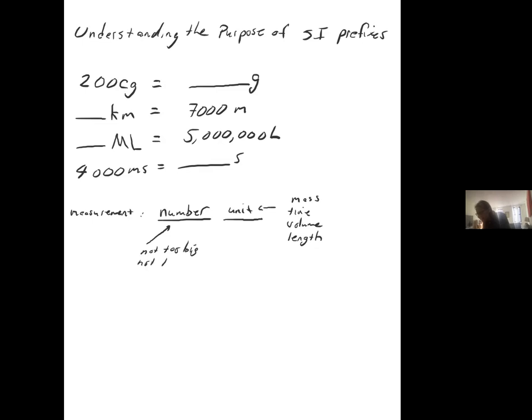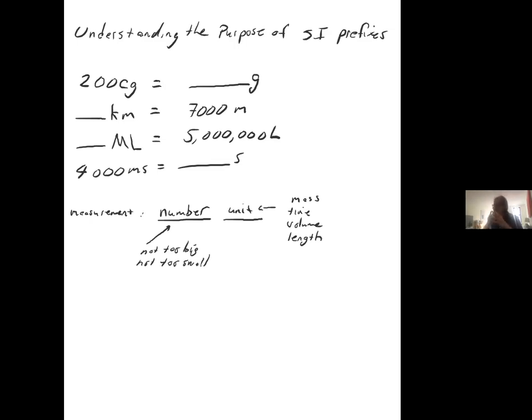Okay, now typically what happens is we want the number to be not too big and not too small. So for example, if I said, how many atoms are in a fingernail, we might want to have a number that we could give to people that doesn't sound so large. The actual number of atoms in a fingernail is huge, right?